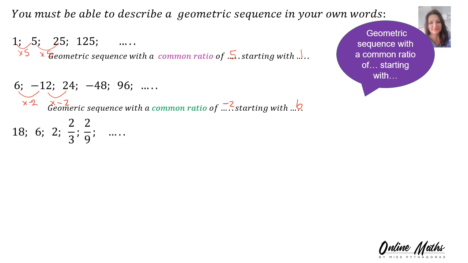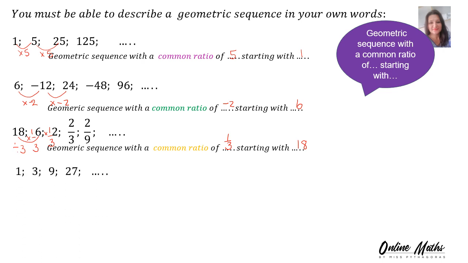When I give you the sequence 18, 6, 2, 2 over 3, 2 over 9, then to get from 18 to 6, we divided by 3, and division by 3 is exactly the same as times by a third. So to get from 6 to 2, we times by a third. Therefore, we say it's a geometric sequence with a common ratio of a third, starting with 18 as the first term.